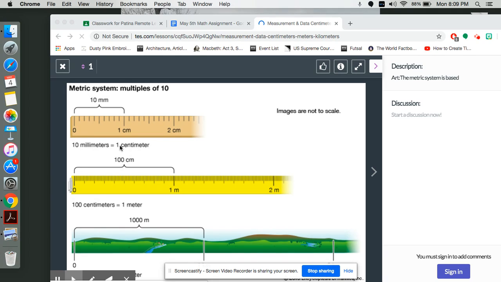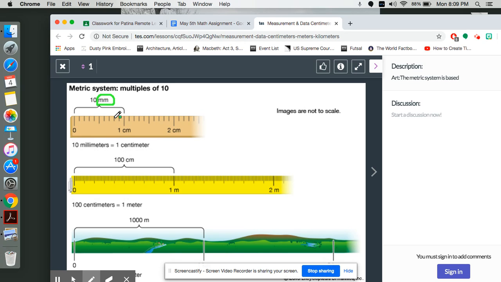So starting, I like to pull up this visual here to show you guys the difference between all of the different systems of measurement. So the smallest type of measurement that you can have is a millimeter or a milligram or a milliliter.